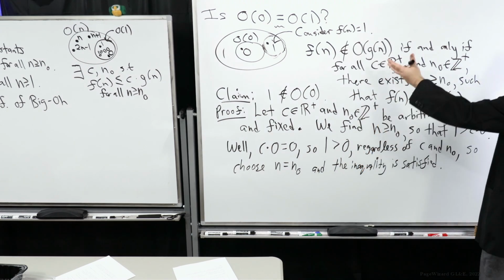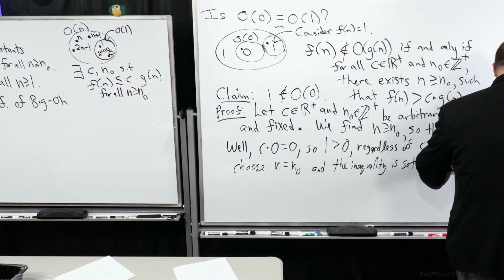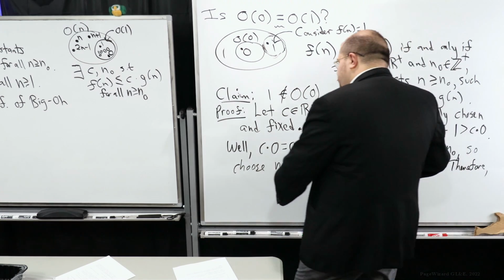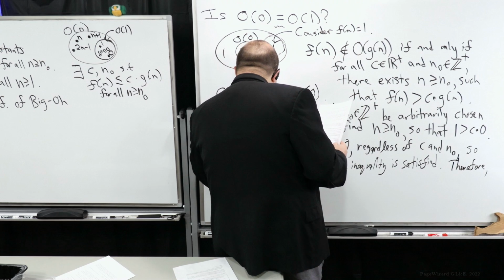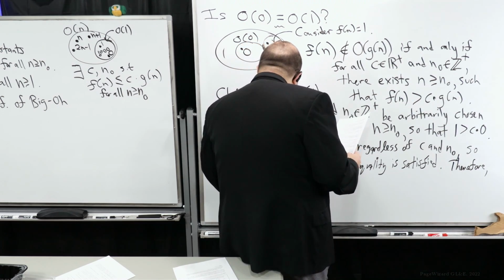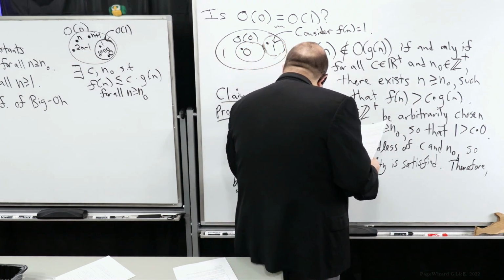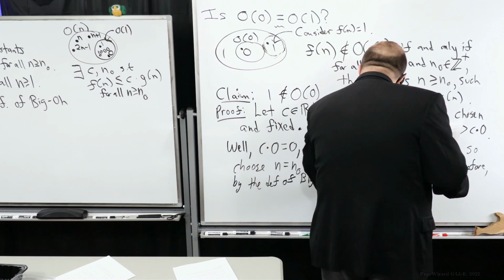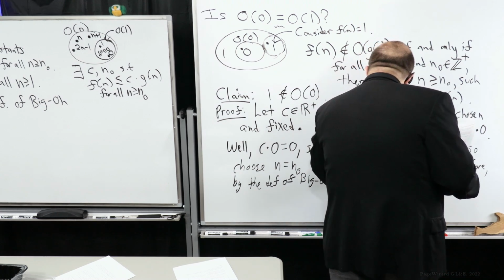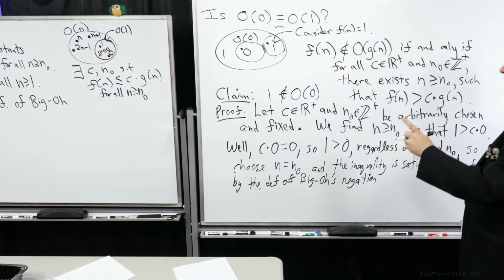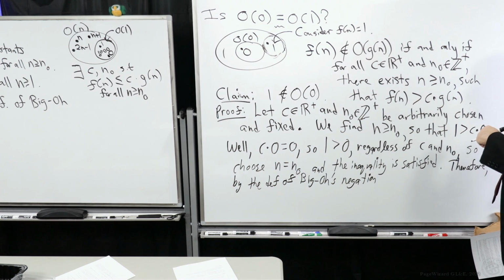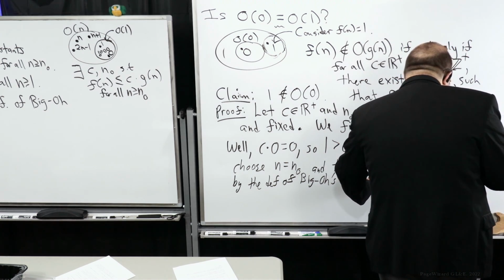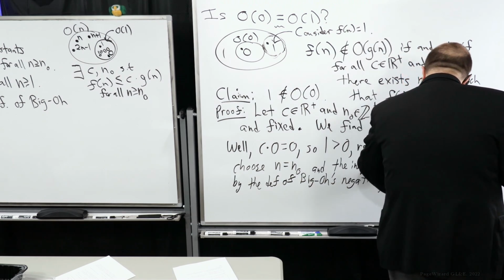Now I'm going to pick up my negation of the big O definition and just invoke that. Therefore, by the definition of big O's negation, or what I would personally write if I was not doing this right now on the board, I would say by the negation of the definition of big O. So by the definition of big O's negation, 1 is not big O of 0.